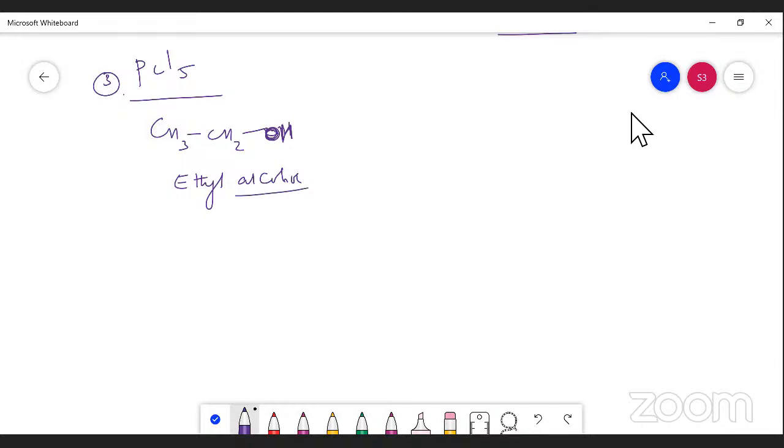Now I take this PCl5. This phosphorus pentachloride can split as PCl3, Cl and Cl. This PCl5 is nothing but a halogenating agent.